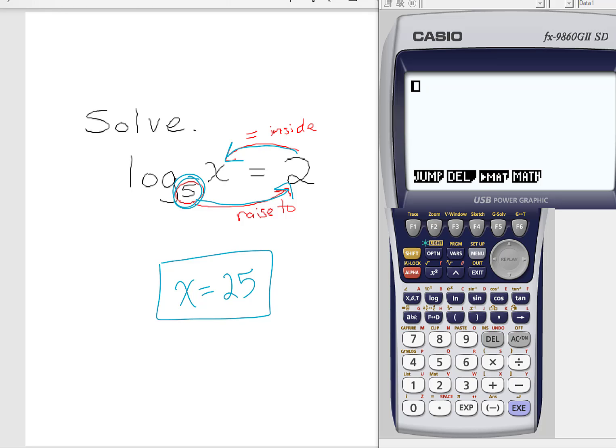But to get to that log that allows me to put in the base, I'll press math, so F4, and then you'll see log AB above F2. All right, and we said that x was 25, and it shows me that, yes, x is 25 because it gives me that equal to.